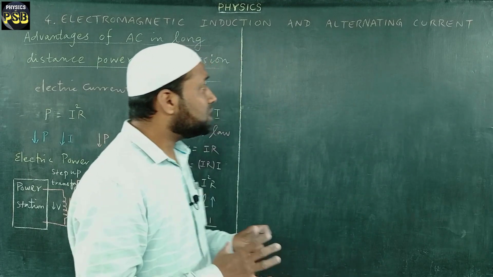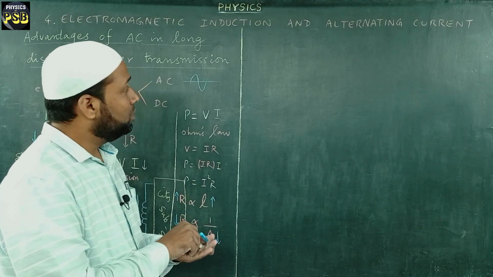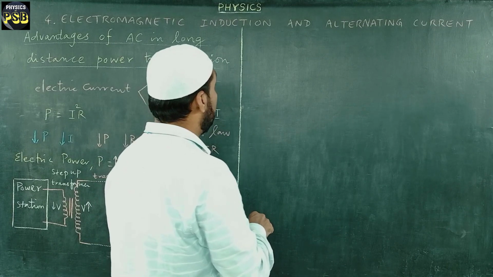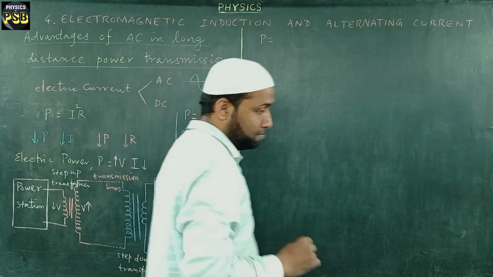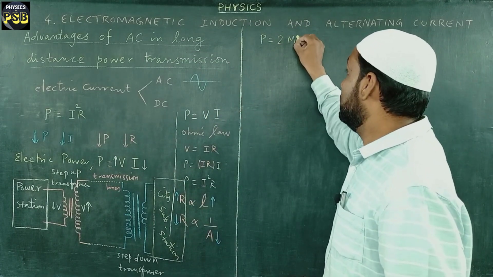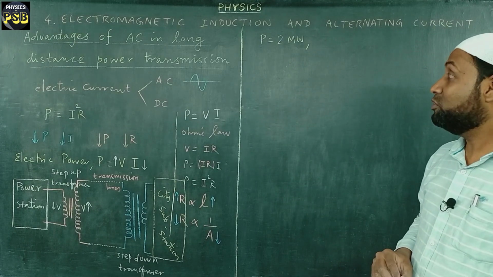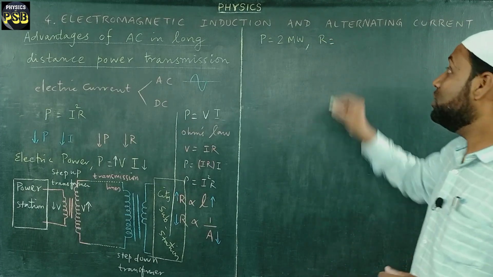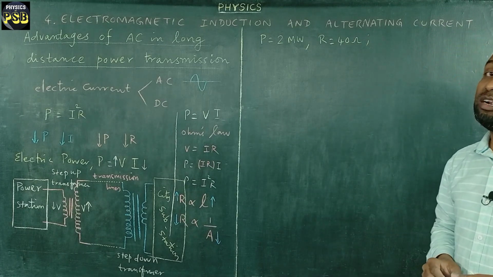Now I will explain this with the help of a simple example. Let's say from a power station, an electric power of 2 megawatt is transmitted via a transmission line which provides a resistance equal to 40 ohm at two different voltages.